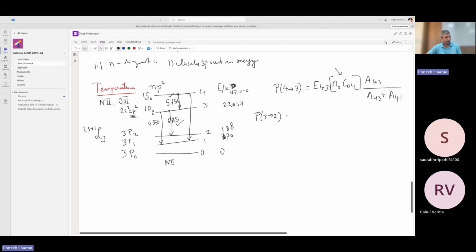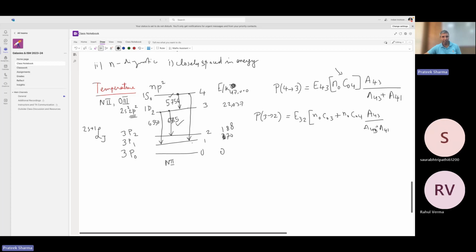So P32 is equal to E32 times N0 C03, the collisional excitation from 0 to 3, plus N0 C04 times A43 by A43 plus A41.